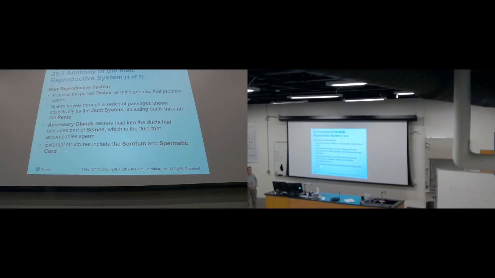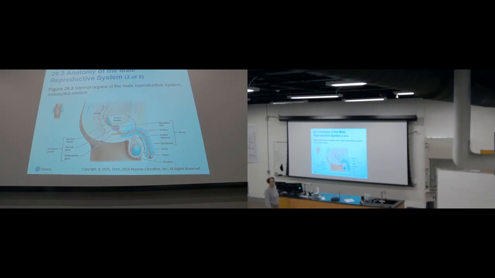And then the external structures of the male reproductive system are the skin that protects the testes, which is called the scrotum, and the spermatic cord. So here is the mid-sagittal view of the male reproductive system.